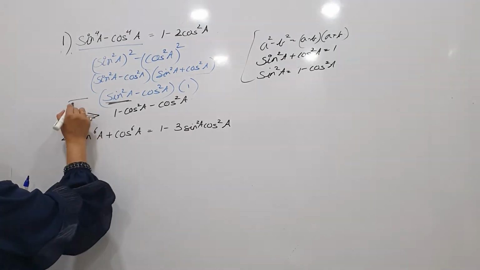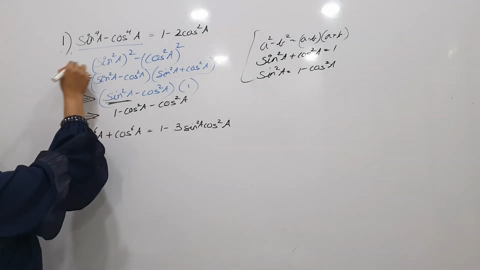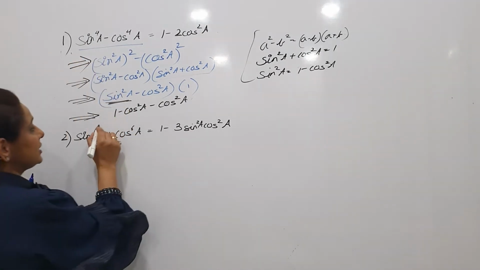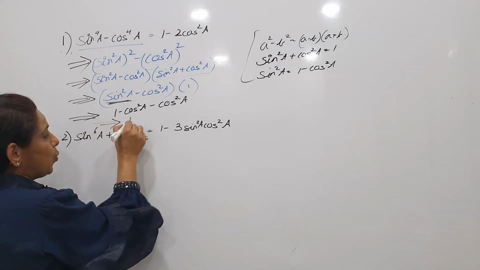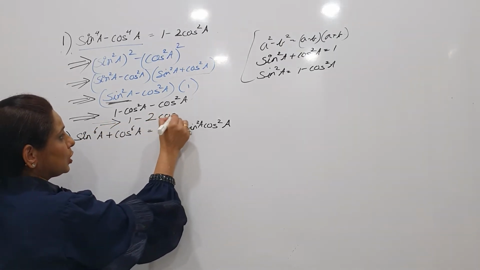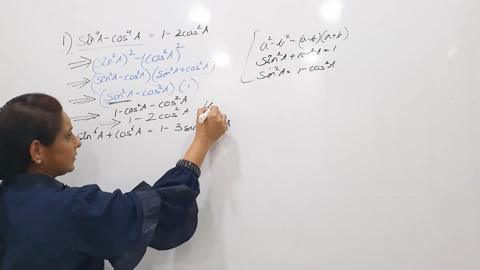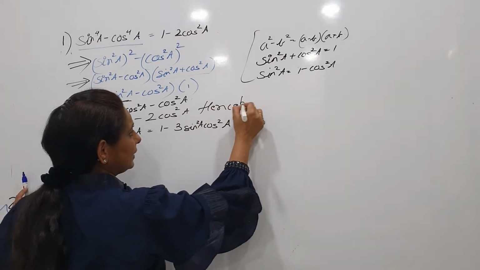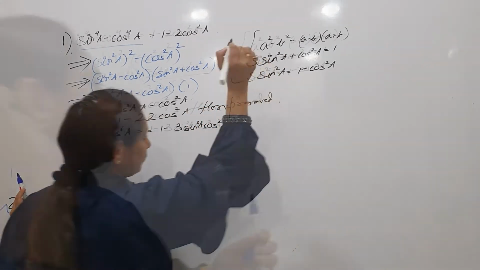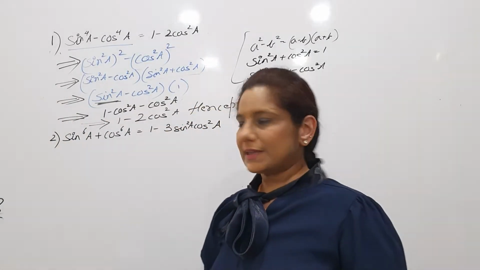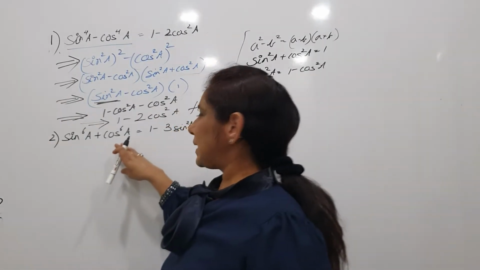So what is it giving now? We have almost reached our RHS, that is 1 − 2cos²a. So finally we are going to write, hence proved.